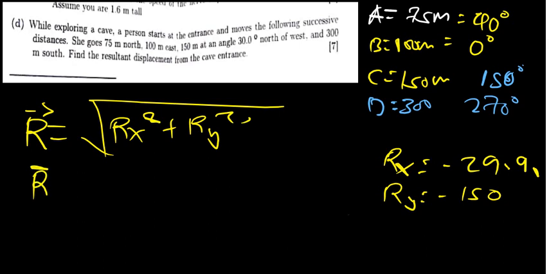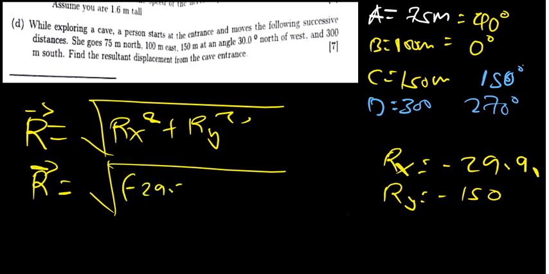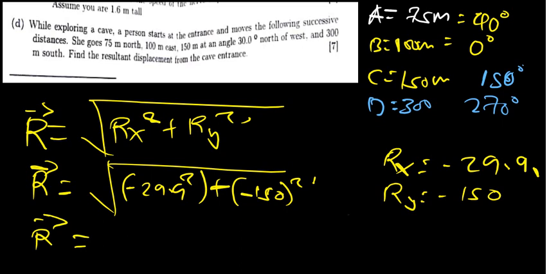So this is going to be equal to, what is the rx? The rx is negative 29.9 squared plus negative 150 squared. What is our resultant? 152.9.